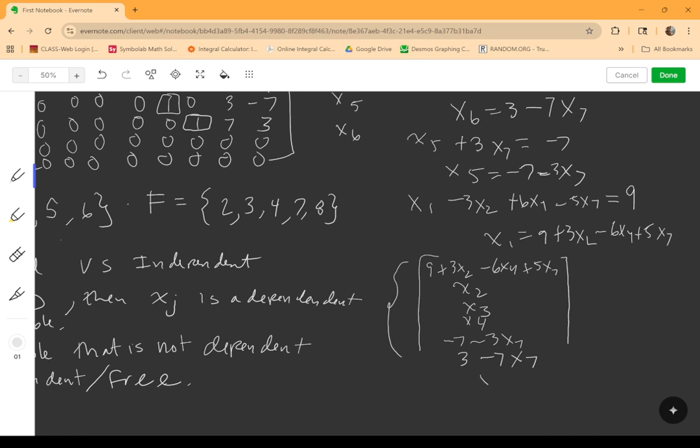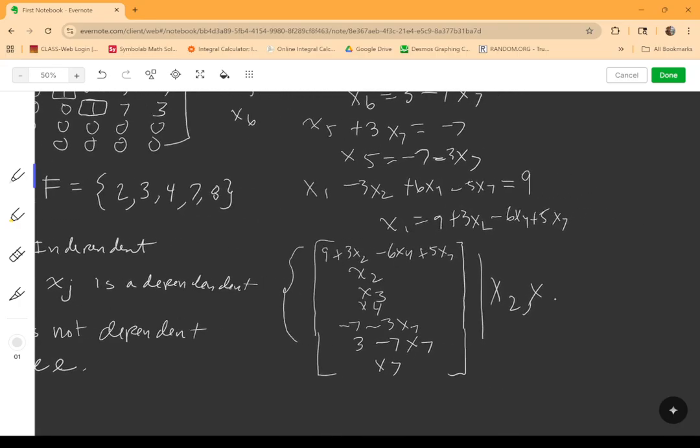And then lastly, X7 is free, so we write it like that. And then here, such that our free variables, X2, X3, X4, and X7, those are just some real valued numbers, so element of the real numbers.